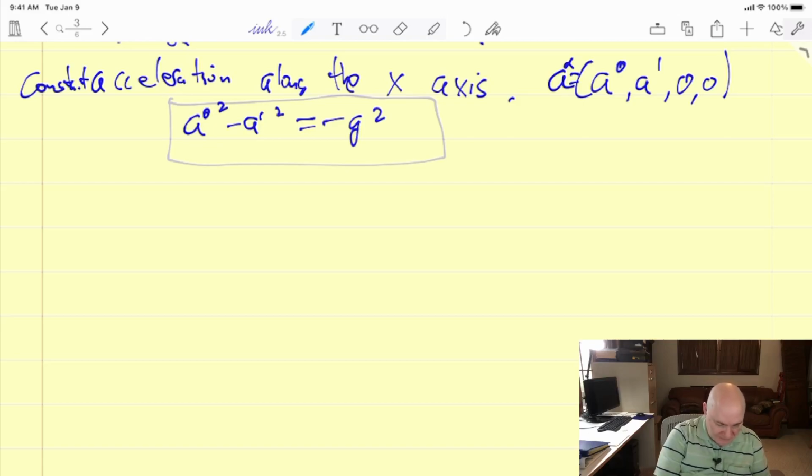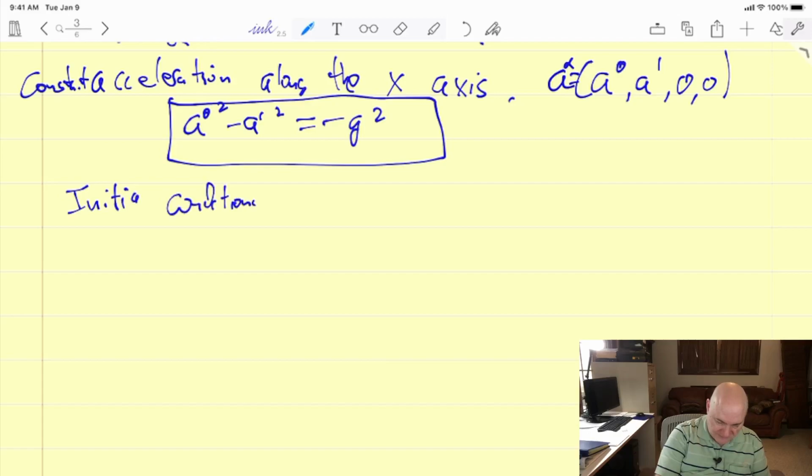So let's proceed. I'm going to write down initial conditions. I'm going to choose some that seem a little bit artificial, but actually just make it easier to plot. So at time t equals 0 is when we're going to start the clock, and proper time tau is equal to 0. At t equals 0, tau equals 0, x is equal to 1 over g.